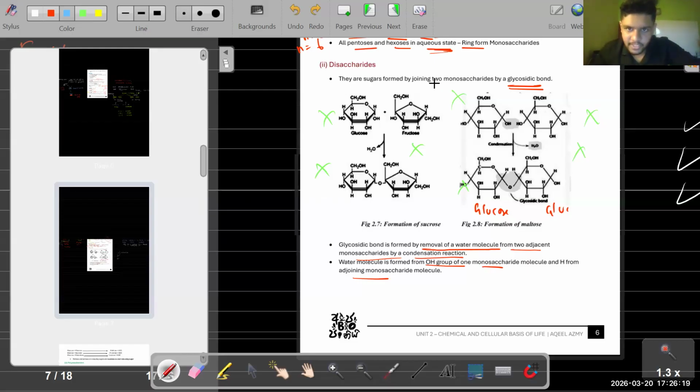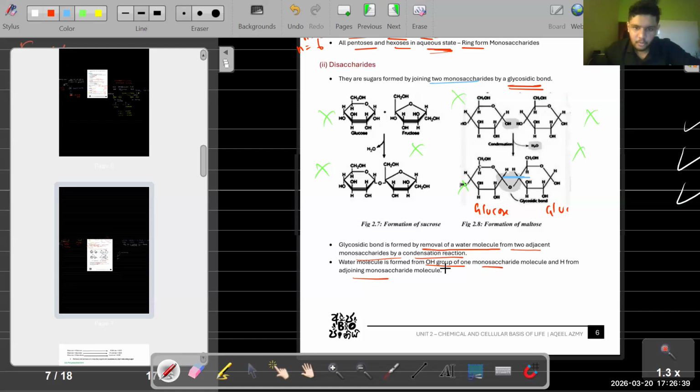Now let's come to that part again. They are sugars formed by joining two monosaccharides by glycosidic bond. This is the bond that is joining those two rings, those two sugars. Glycosidic bond is formed by removal of water, with the removal of water a bond is formed between the rings from two adjacent monosaccharides by condensation reaction. Condensation reaction means water removing reaction.